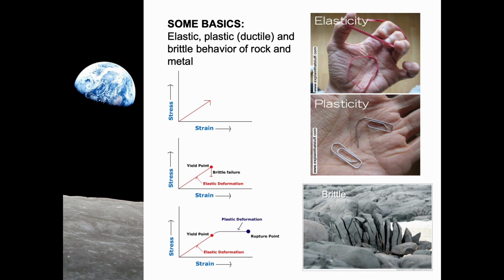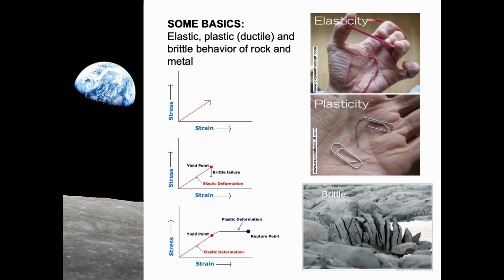This is called the yield point, where something goes from elastic or plastic deformation to brittle failure. So something can be strained where you have elastic deformation, then it hits a point where it cannot deform anymore, and it breaks. It returns to its original shape, and it breaks.